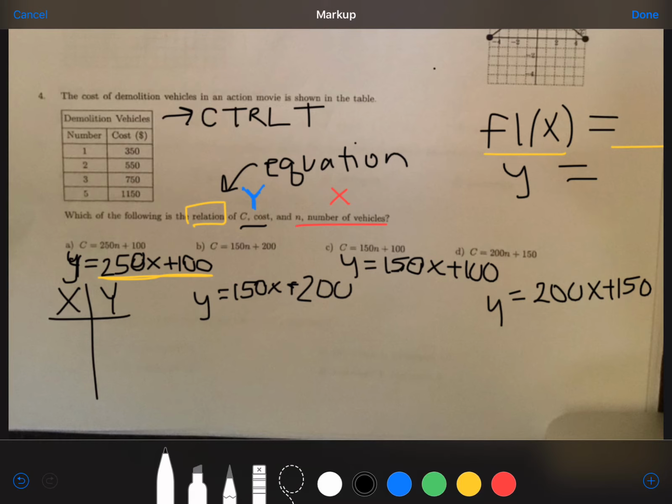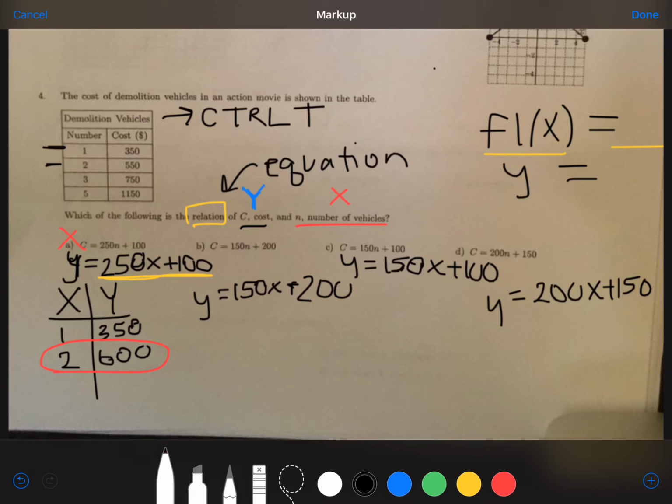So in that first table, it looks like 350, which is correct. It matches this point up here, so that's not a problem. But the next point that I see is 600. Does that point match the point on the table that they give us? No. I want you to circle that point. That is the reason we're not going to pick A. So go ahead and circle it and cross out A.